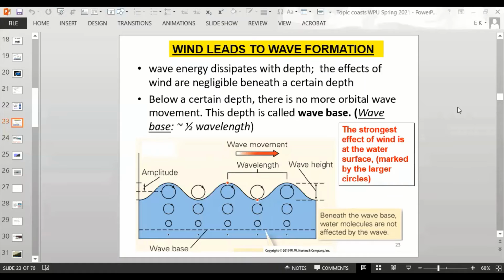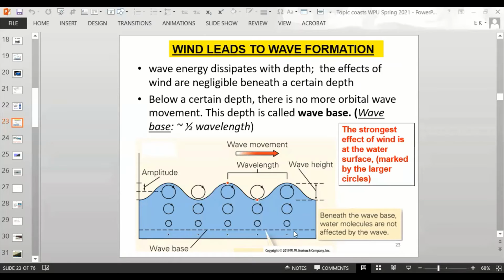So again, wind leads to wave formation. Wave energy dissipates with depth, right? Because the effects of the wind going across the water surface are strongest at the water surface. As you go down deeper into the water, you lose that effect from the wind. So going deeper down, the orbital motion of the wave diminishes.